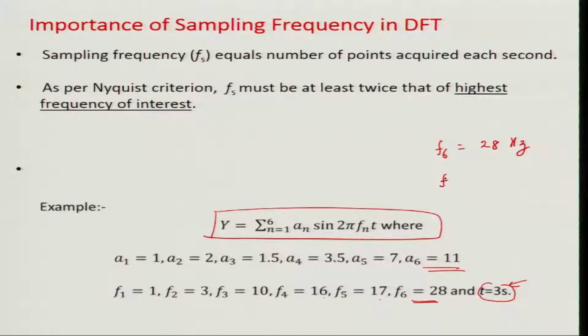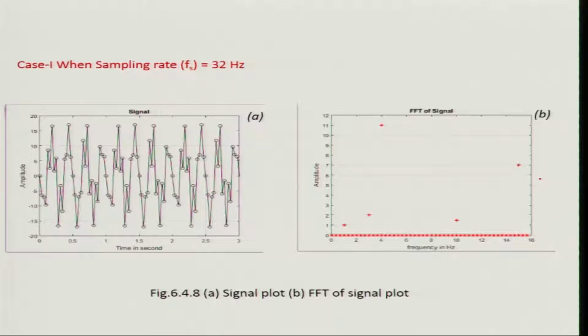So, my sampling frequency should be more than how much? To get good resolution on frequency, it should be at least 56 hertz. If I do the sampling at a lesser frequency, I may get somewhat bad results. So, let us look at this. This is sampling at 32 hertz.